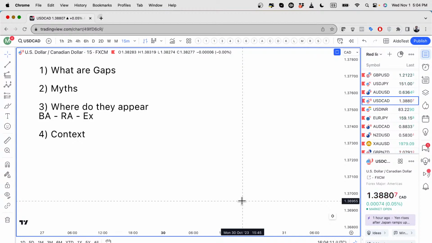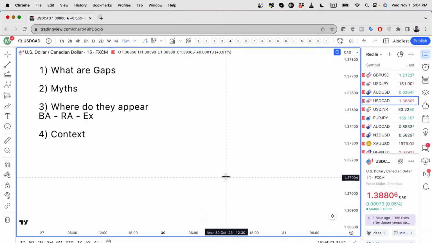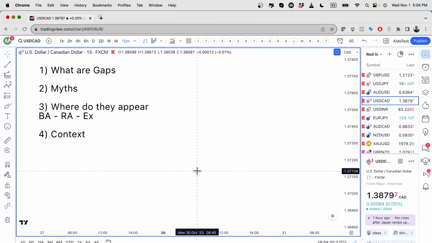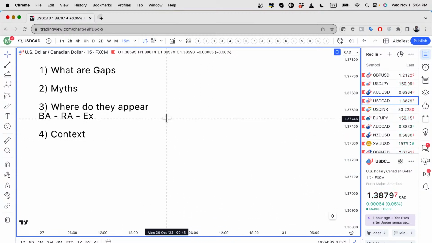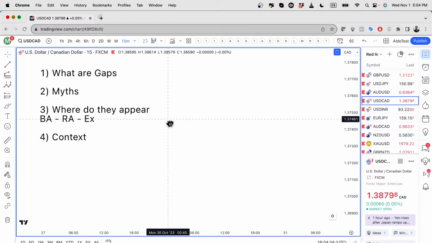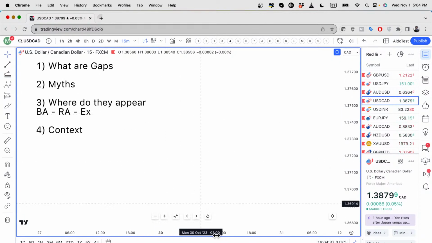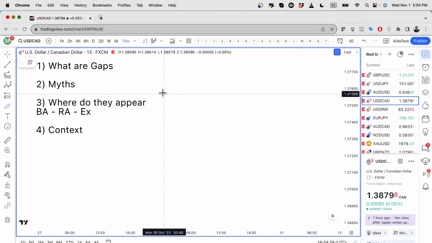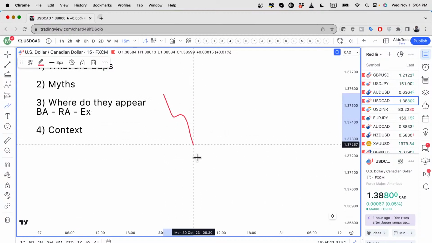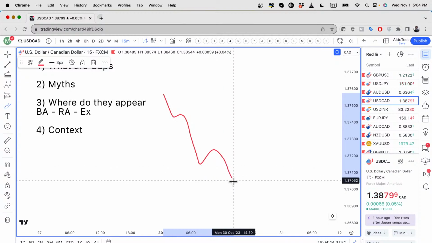And that is because of where gaps appear. Gaps appear in the context of trend. Let's talk about a bullish gap; the same thing applies for bullish or bearish, it doesn't make any difference, but let's talk about bullish gaps to make it simple. Let's assume that there was a downtrend, and this downtrend ended.